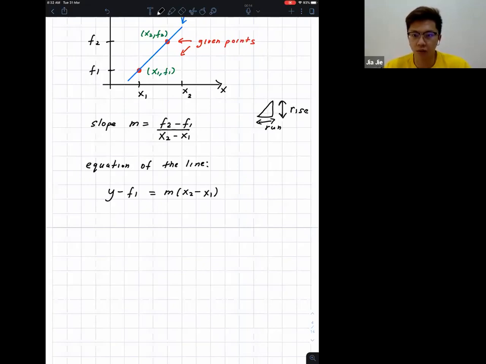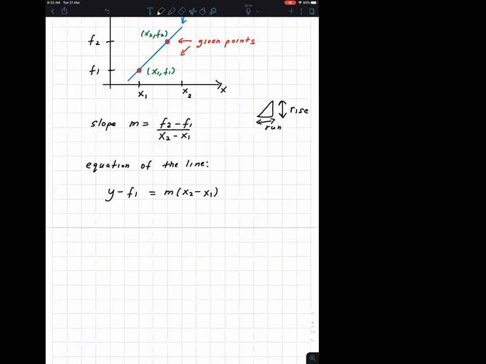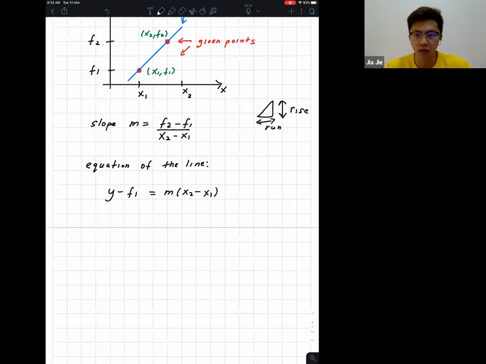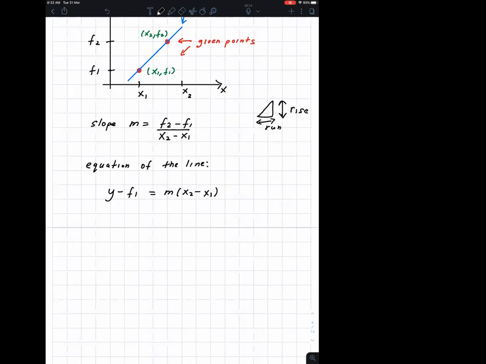Not x2 minus x1? For the equation of the line. Yeah, you're right. In this case, we are looking at a set of points, and you're right, that is supposed to be just x. Thank you.